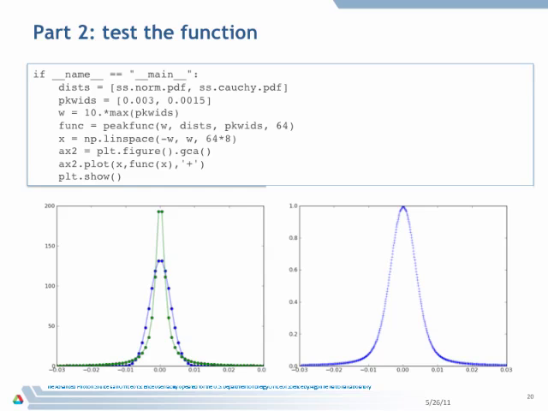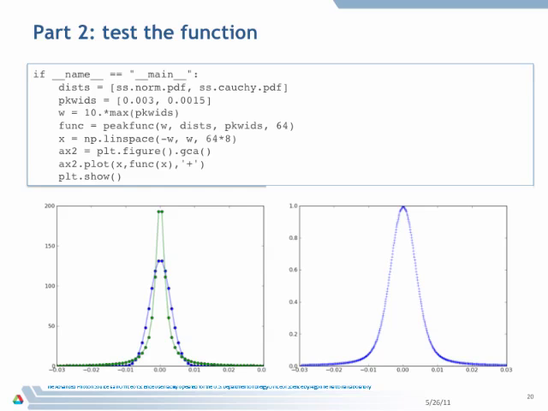So then I can run this, again with a very small amount of code. I give it two distribution functions, the normal distribution function and the Cauchy or Lorentzian. I give them widths. So those are the two things I'm going to pass in. And I'm going to say that the width I'm going to do the calculation over is 10 times the width of the largest here.